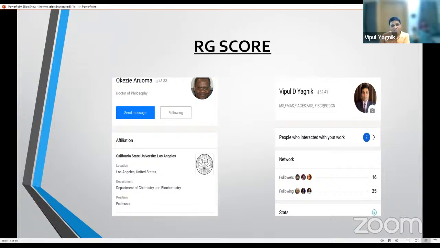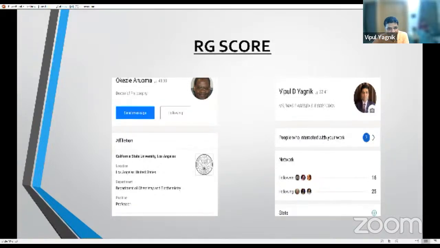Depending on the articles you submitted, the citations received by your articles, the followers you have, and the full text people are reading, they give a score. Here you can see a score of 43 for Okezi and a score of 32 for me. A score of 32 qualifies as higher than 90% of researchers available on that website.